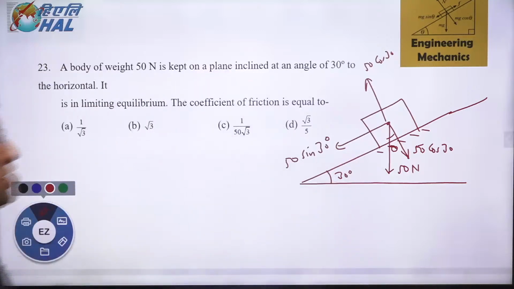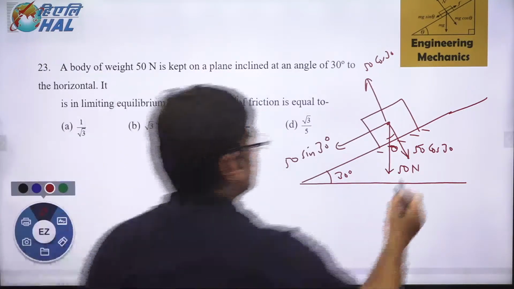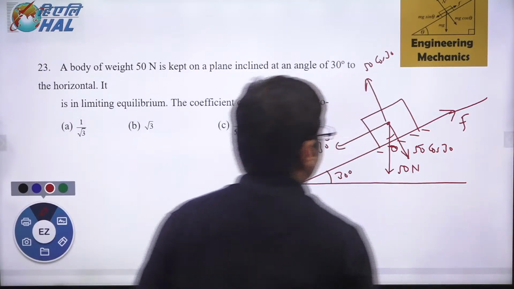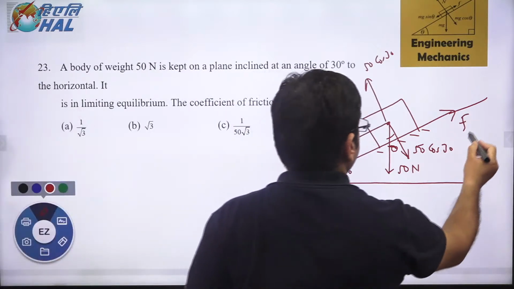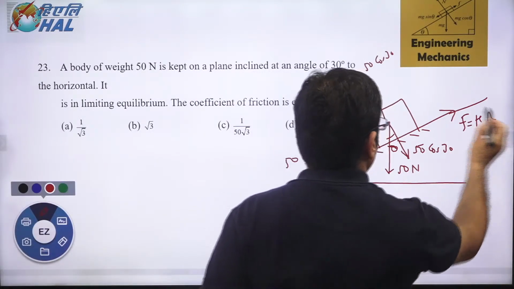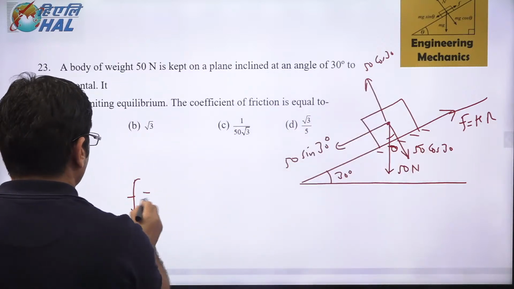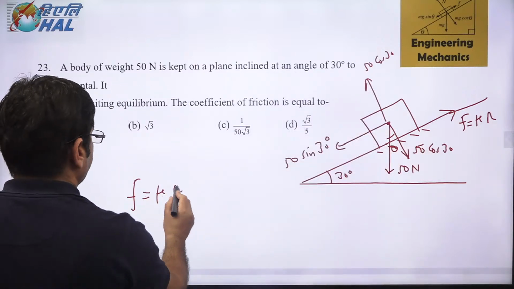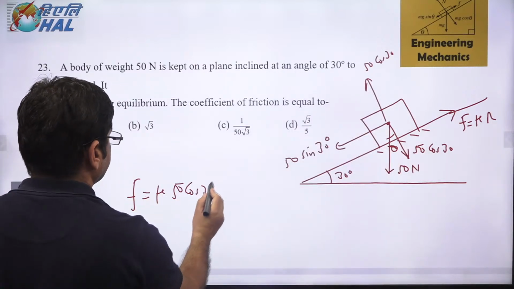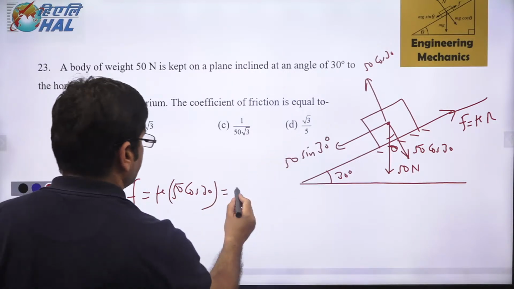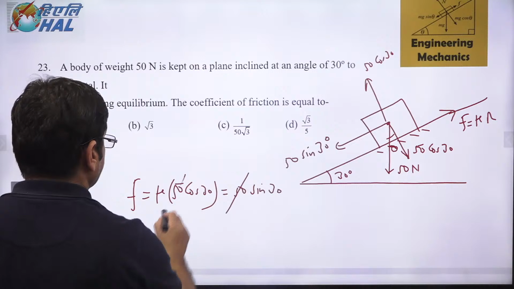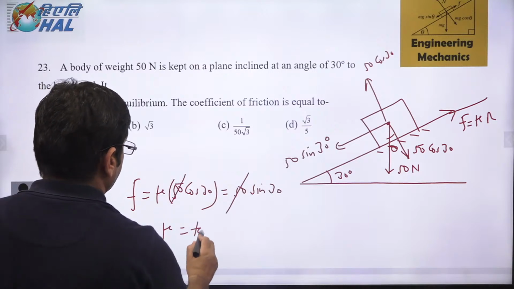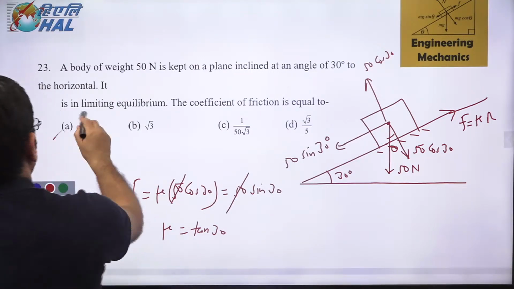So these are the two forces, and now the friction will be acting in the upward direction. So friction is nothing but mu into normal reaction. So mu into 50 cos 30 should be balanced by 50 sine 30. So 50 gets cancelled out. Mu is tan of 30, which is 1 by root 3.